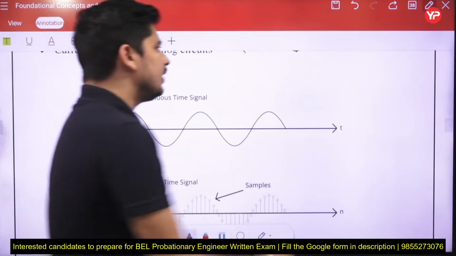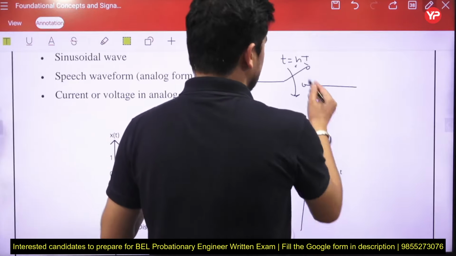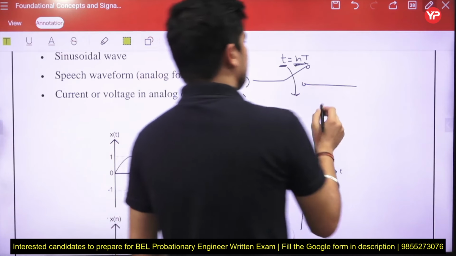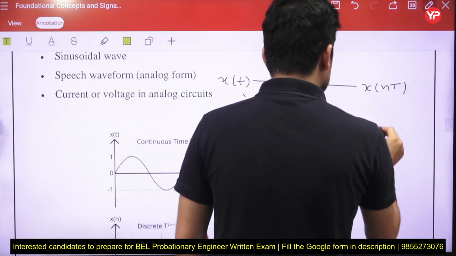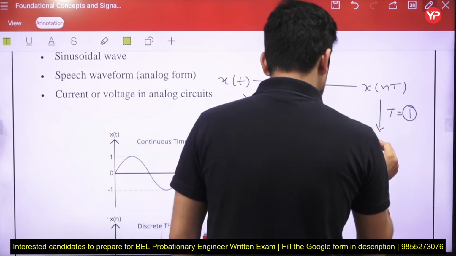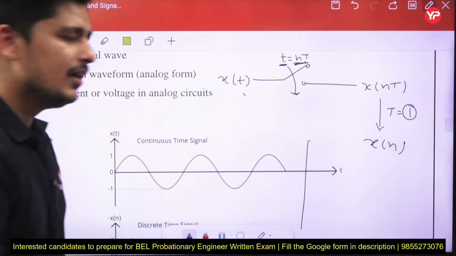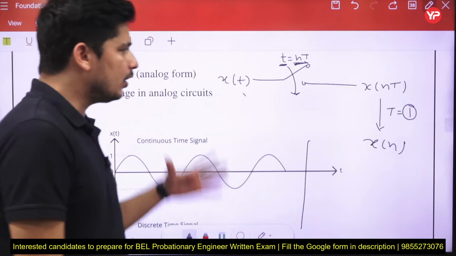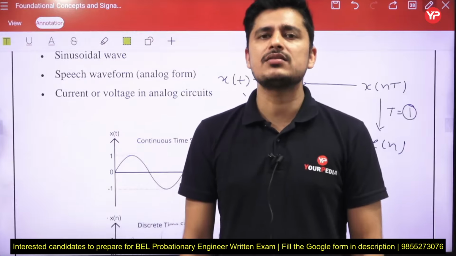Whenever you define a discrete time signal, in place of small t we replace it with nT, so it becomes x of nT. Generally, to define this signal, T is considered as 1, and x of n represents the discrete time signal. To convert a continuous time signal into a discrete time signal, we have a process called sampling.